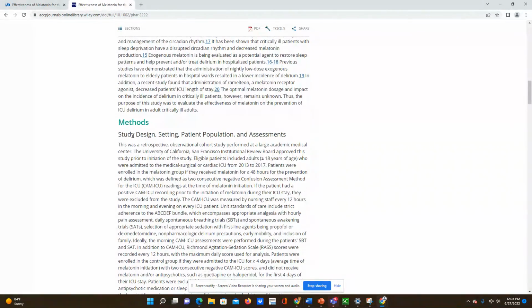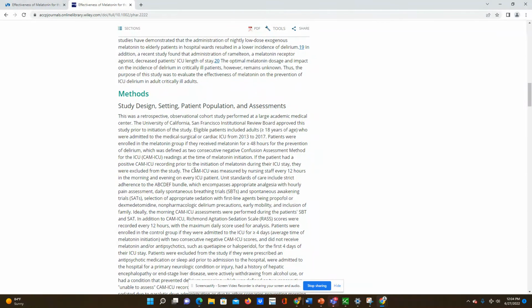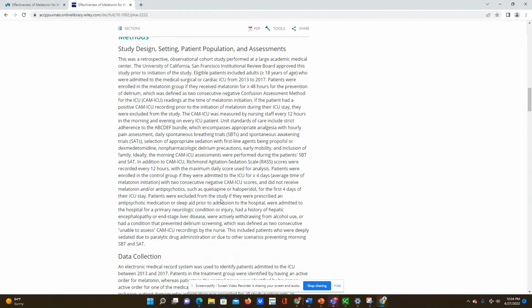When you go here to study design, they tell you this was a retrospective observational cohort study, and that the patients received melatonin. This is the intervention, for 48 hours. The instrument they used was the CAM-ICU, and they don't tell you anything about the CAM-ICU.